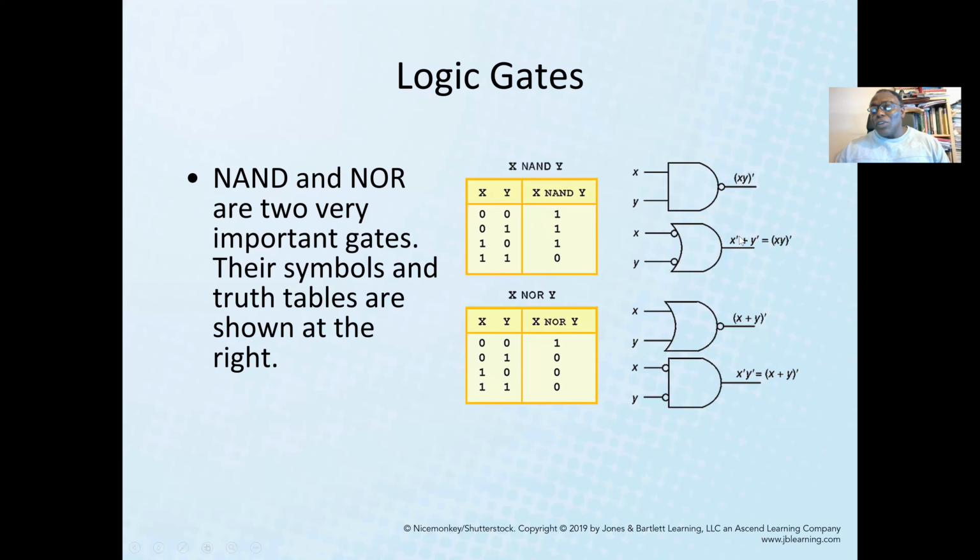So if I have X invert plus Y invert, then the symbol may change. It's like I have an OR gate because OR is plus. But the inputs I have to invert, so I put the open circles, which mean invert. So X inverted, Y inverted, they go through the OR gate, you get X invert plus Y invert.